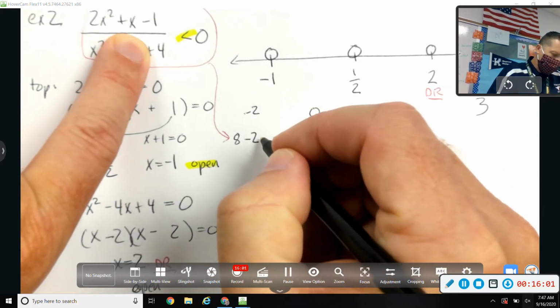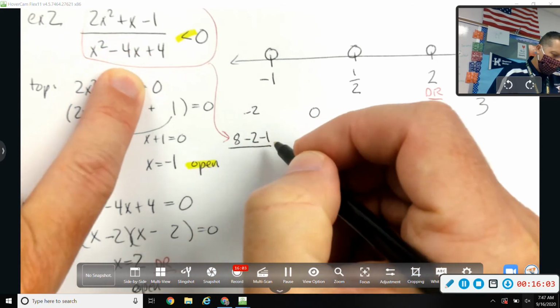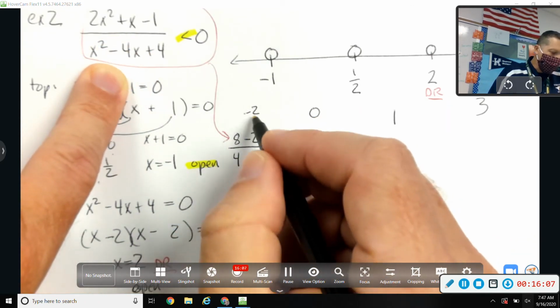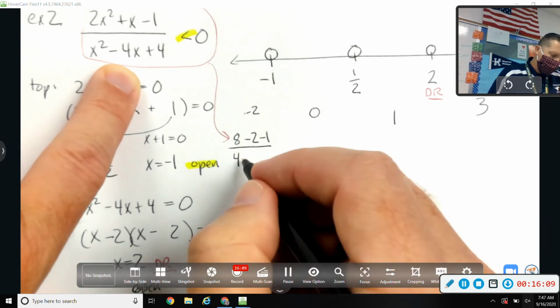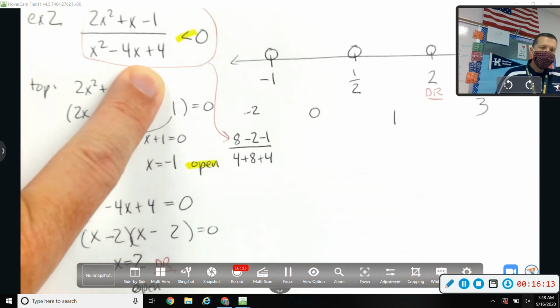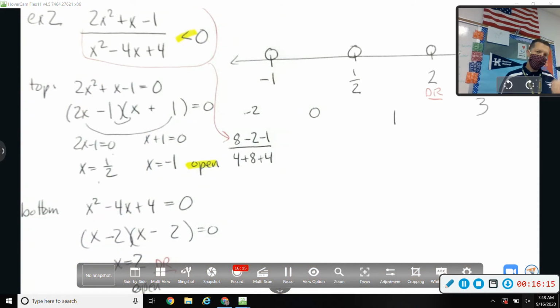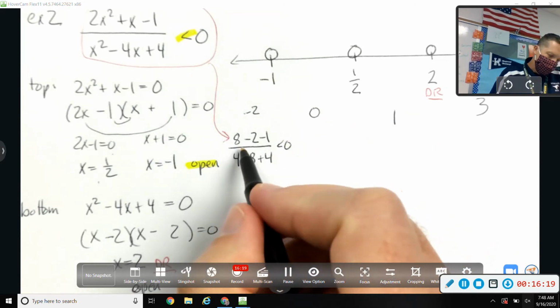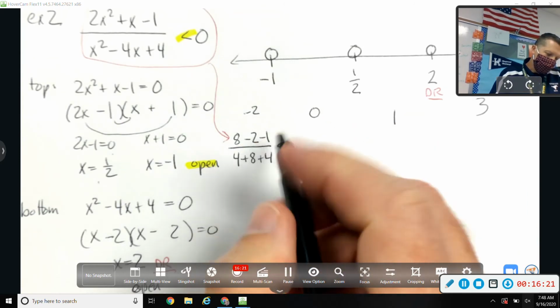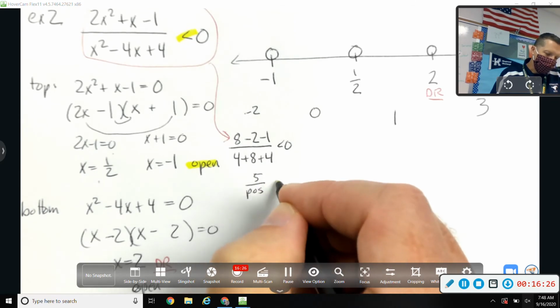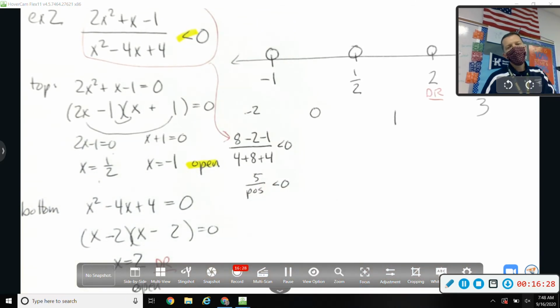Plus negative 2 minus 1, over the square of negative 2, which is 4, plus 8 plus 4. And I want to see if that's less than 0. So the top I get 8 minus 3 is 5. The bottom, again, who cares? It's positive. So 5 over positive is not less than 0.